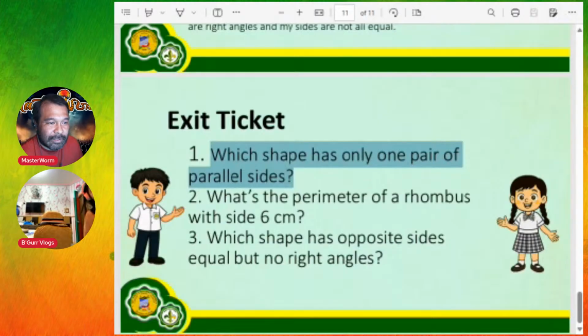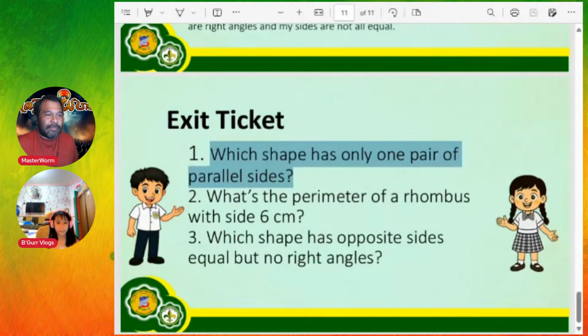Let me just turn off Facebook because it makes a lot of noise. All right, so here we go. What is the perimeter of a rhombus with side 6 centimeters? 6 times 4. How much is 6 times 4?